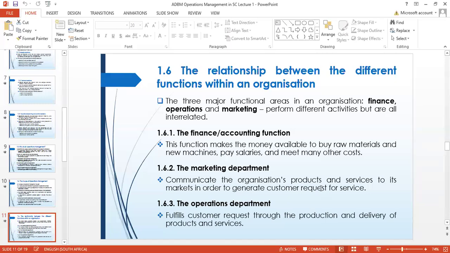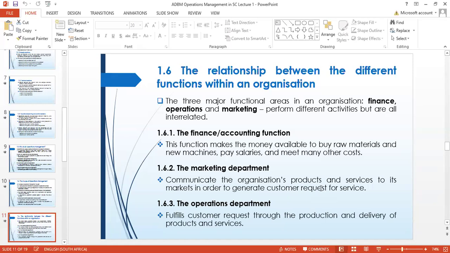Right, from the finance function, we have the marketing department, which is the one that communicates with the final consumer. That, okay, consumers, we have our product. We have this cell phone here. Please come and buy. They will tell you the advantages, the benefits, and why it is different from other products in the market.